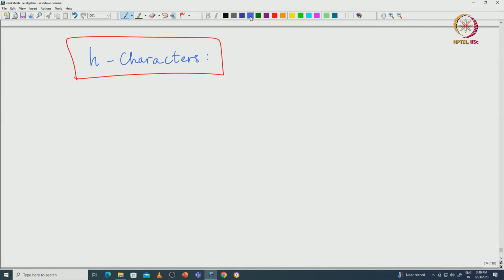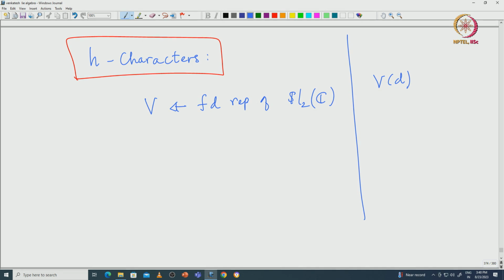So, what are these H characters? You start with V, which is a finite dimensional representation of SL2. When V is irreducible, for example V is V of d, it is very clear that the action of H tells everything about V of d. You have a basis V naught, V 1, etc., V d, with the maximal vector V naught inside V d. So, it is a d plus 1 dimensional space where H V naught is given by d V naught.